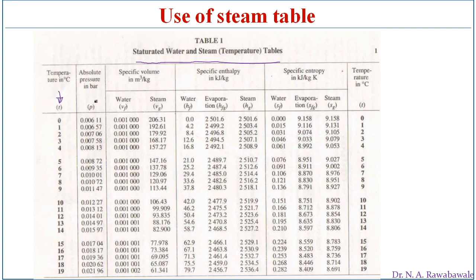So the very first column in this table indicates pressure in bar. Here in this column, the pressure of steam in bar is given at this saturation temperature. Say for example, at a saturation temperature of 4 degrees Celsius, the absolute pressure of steam is 0.00813 bar, whereas the specific volume of water is represented by Vf, and this is the value in meter cube per kg, and the specific volume of dry saturated steam is given as 157.27 meter cube per kg.